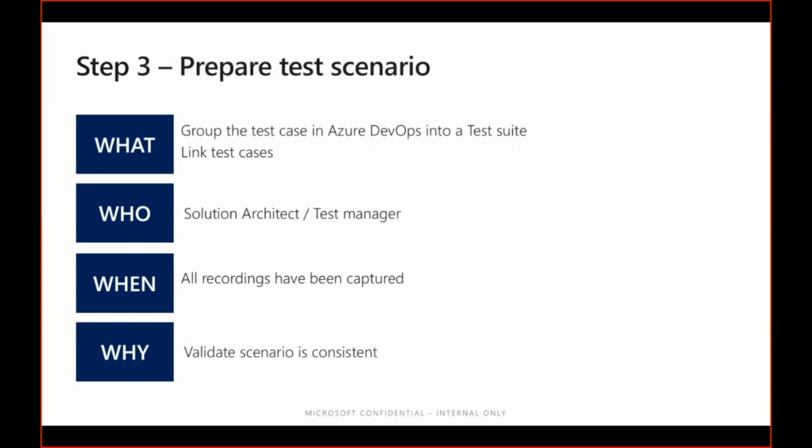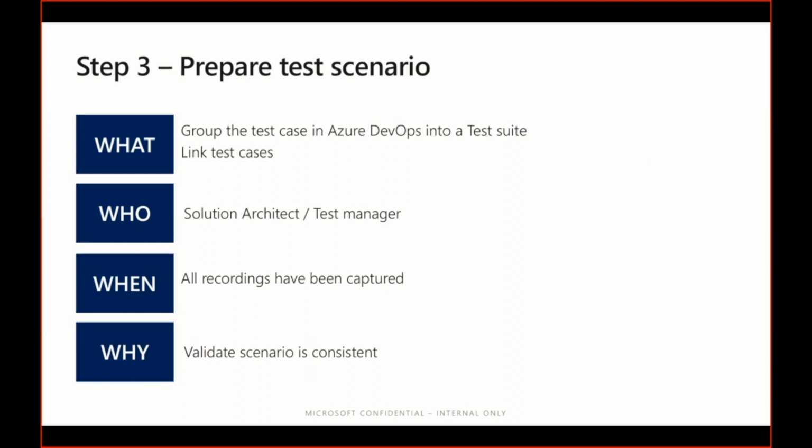All right, so typically what we're going to do now is we have all the recordings. So we're going to group those together in our Azure DevOps, and we're going to bring them together in one test suite. Again, who is doing that would be the same person who has been defining the test scenario, the solution architect, the test manager. And of course, we can only do that once all the recordings have been captured by our key persons, and when they have finished, they will inform us about it, and that's the moment we can start.